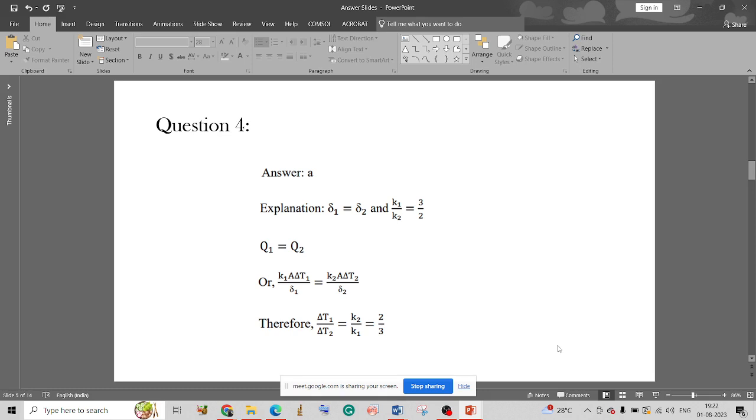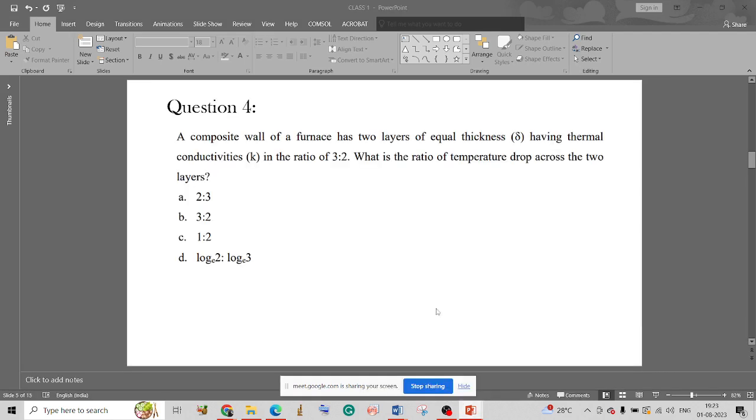So delta 1 and delta 2 are also similar, so they also cancel out. So delta T1 upon delta T2 is equal to K2 upon K1, that is equal to 2 by 3. Understood? Does anyone have any doubt? Or should I proceed further? Okay, so I'll proceed to the next question now.